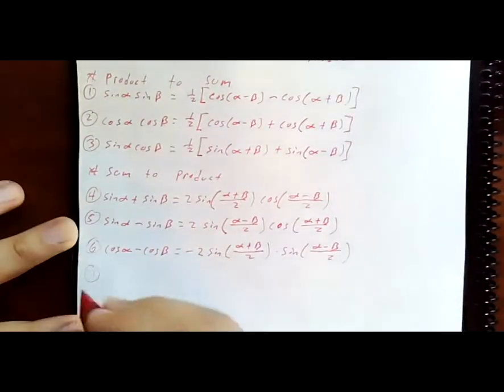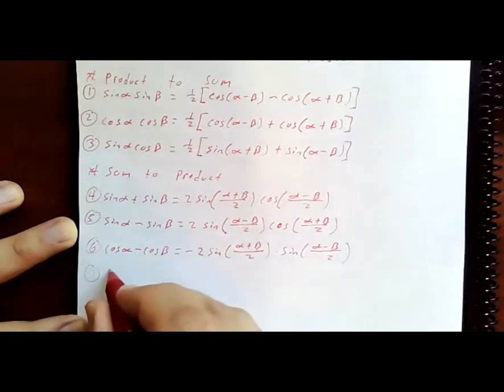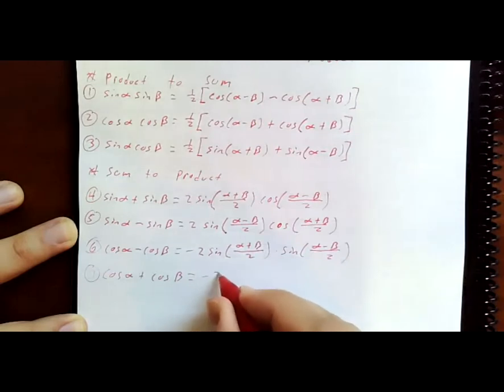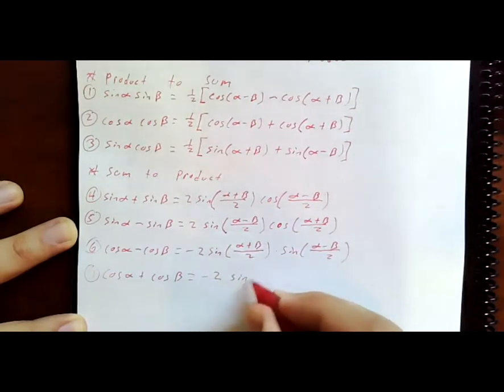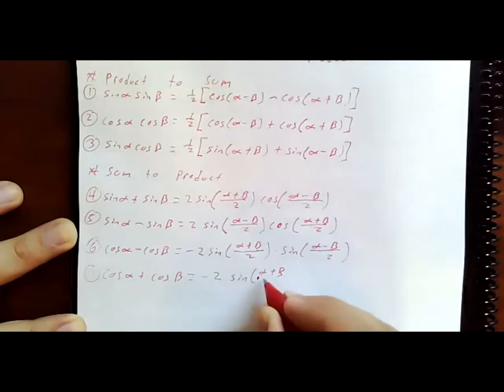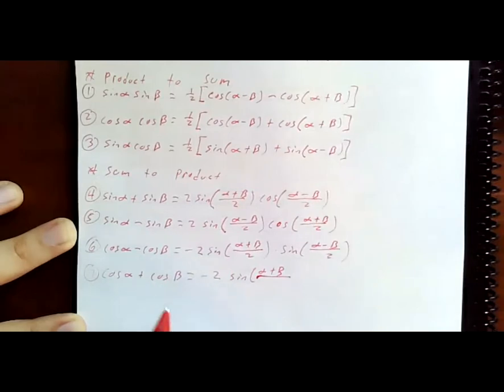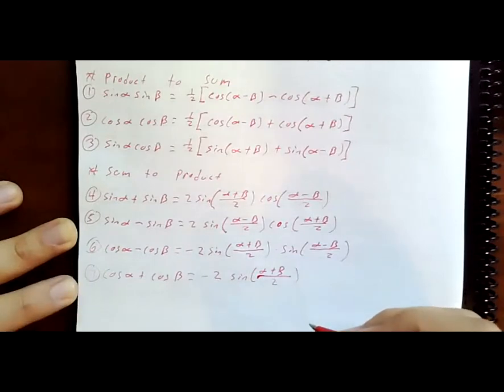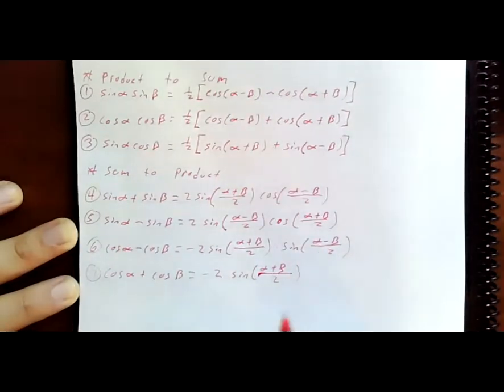The plus sign. Cosine plus cosine. That will be equal to negative 2 sine alpha plus beta over 2 times, let me see, plus minus plus plus.